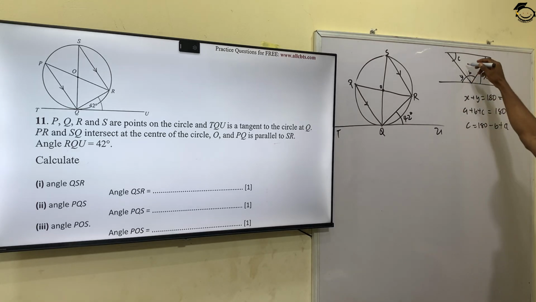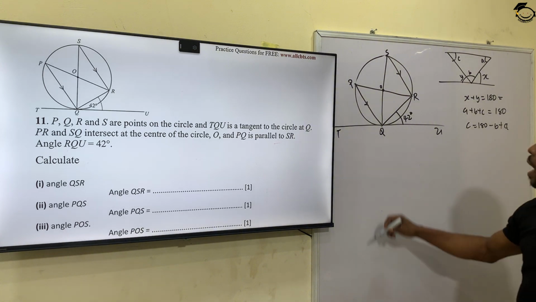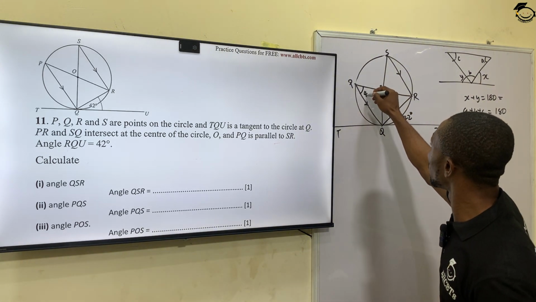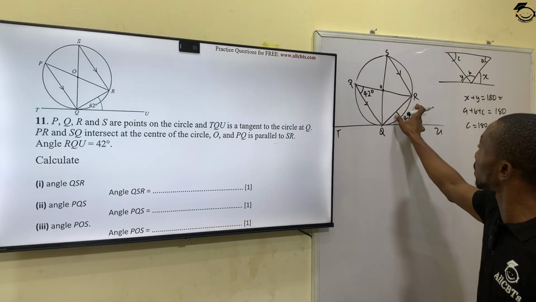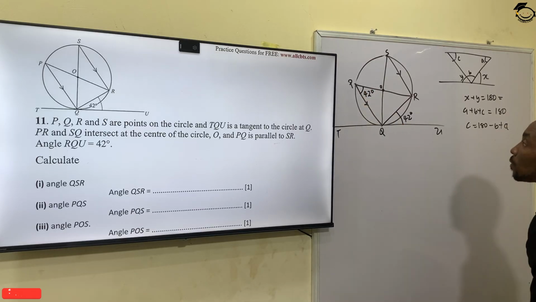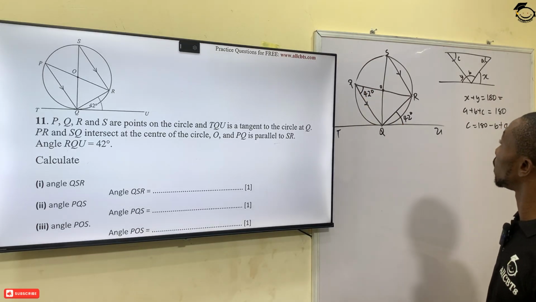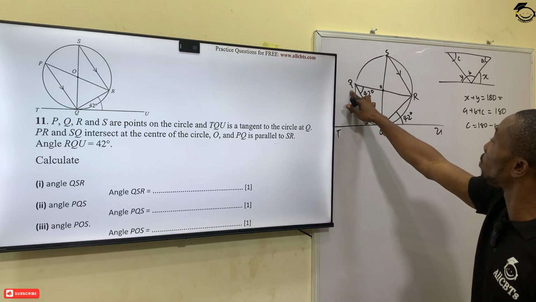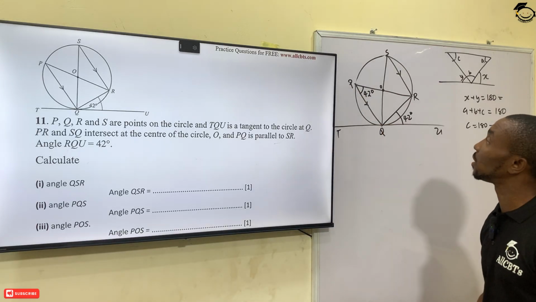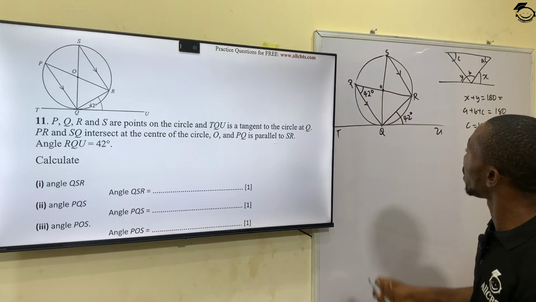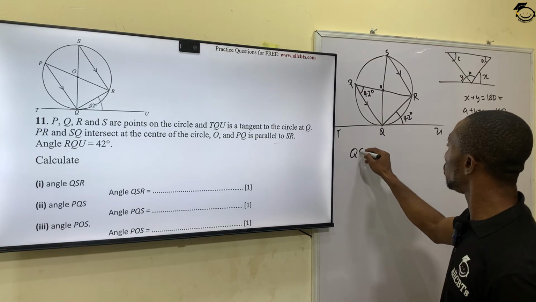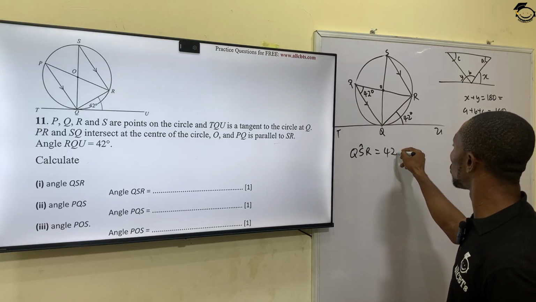So if we have these two angles, they are going to give us the same as our opposite internal angle. So our angle P here forms 42 degrees, following our law that says that our external angle equals the sum of the interior opposite angles. So if angle P is 42, we can now say that angle QSR equals 42 degrees.